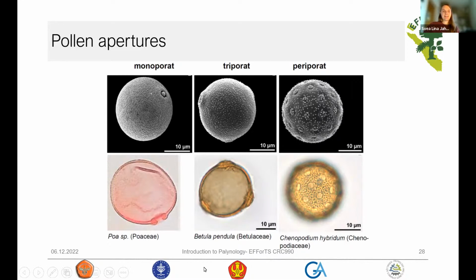Yeah, and you can see again here, for example, just a pollen grain with just one single pore, which here comes from Poaceae, or just 3 pores here from Betula pendula, or actually pores distributed globally throughout the entire pollen grain here from Chenopodium viridum, which you know already from my demonstration of the acetolysis method before.